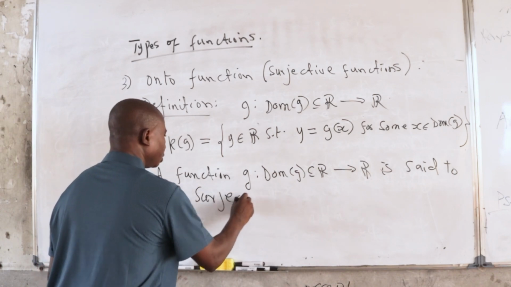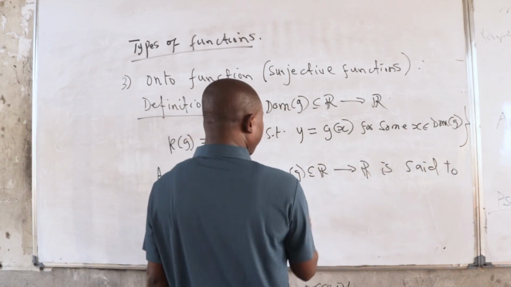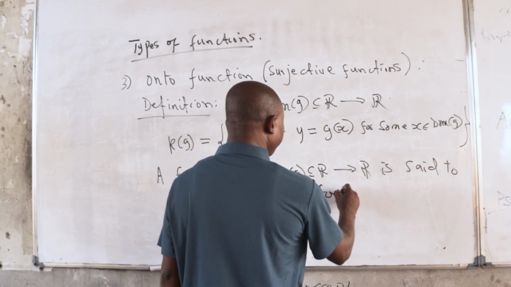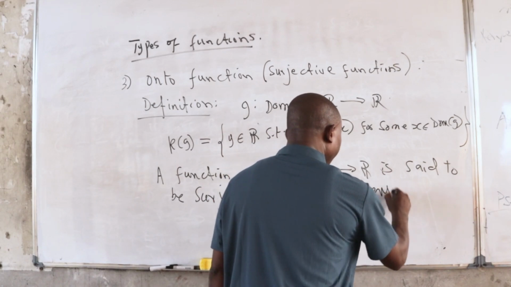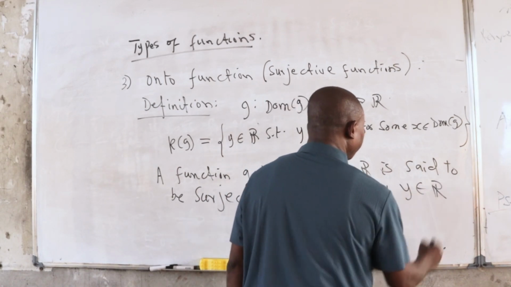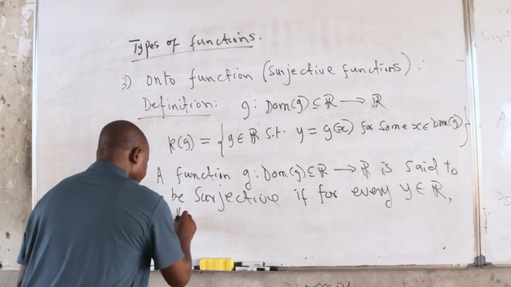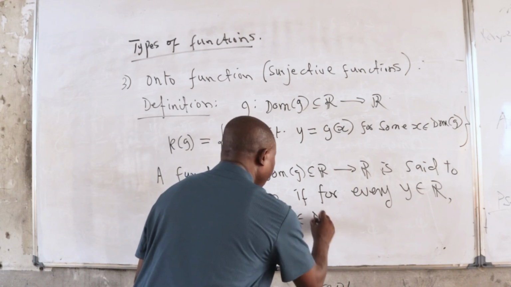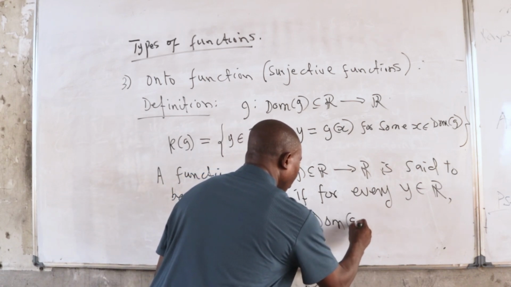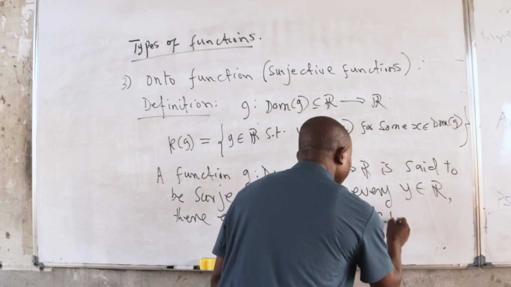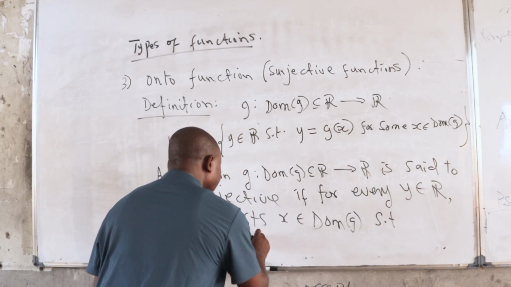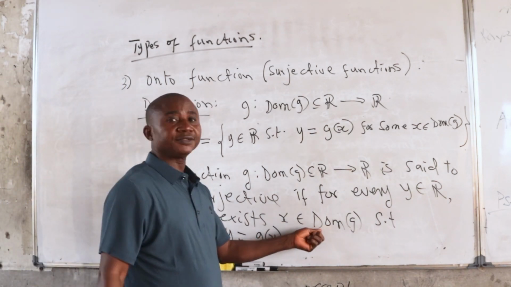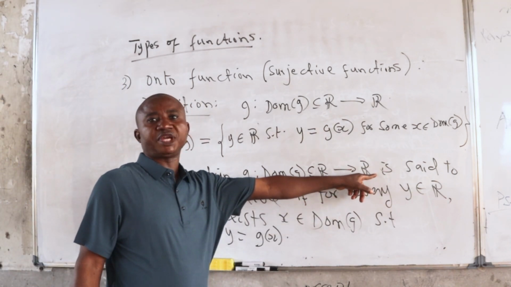That means it is onto, if for every y in R, there exists x in the domain of g such that we can write y as g of x. A function that behaves like this is said to be surjective on this codomain.